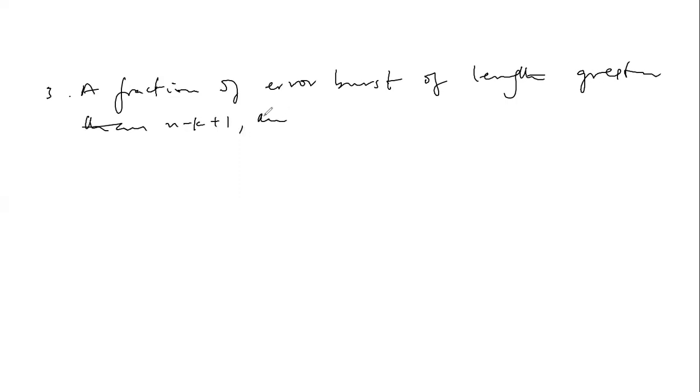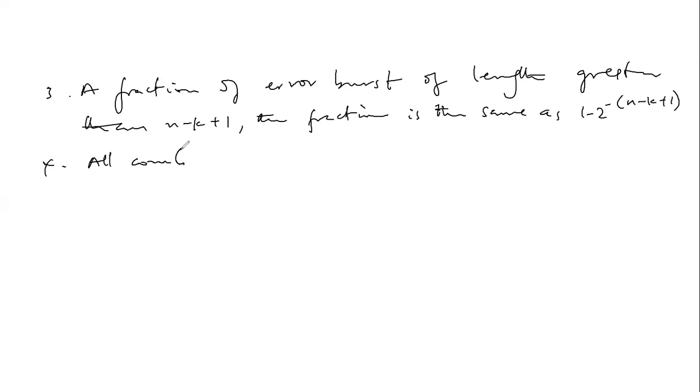Here, the fraction is the same as 1 minus 2 to the power of minus (n minus k). Then we also have all combinations of d_min minus 1 or fewer errors.